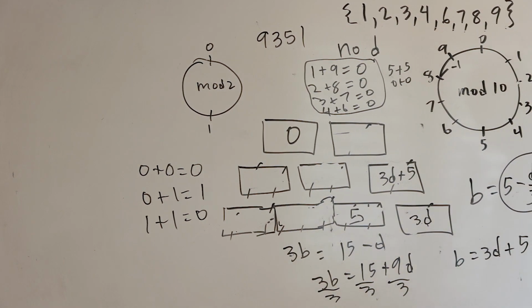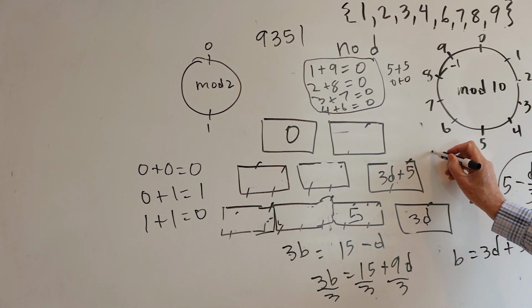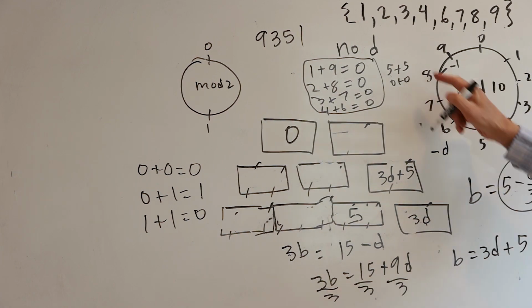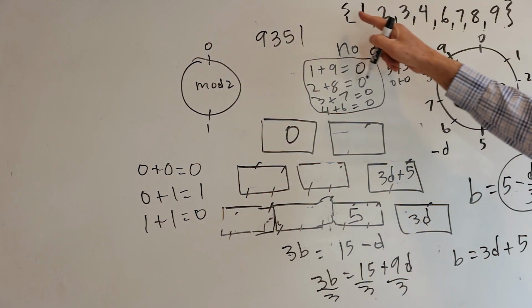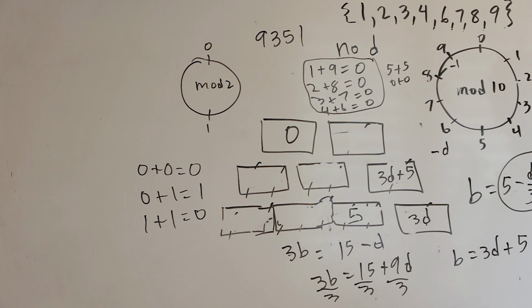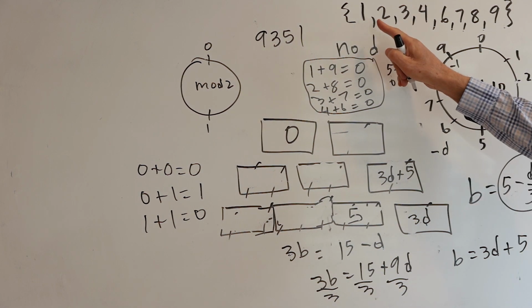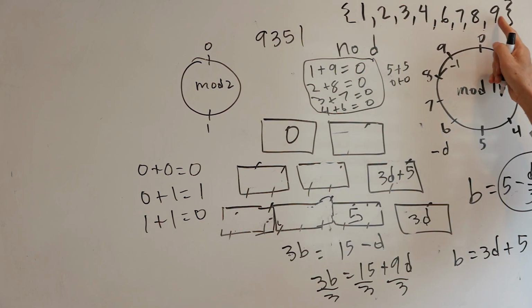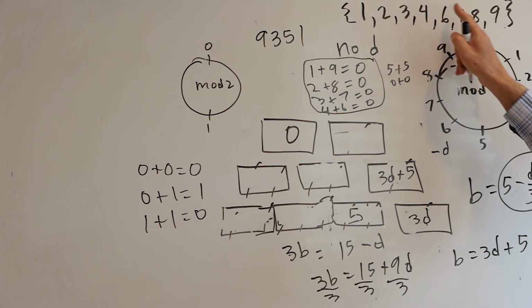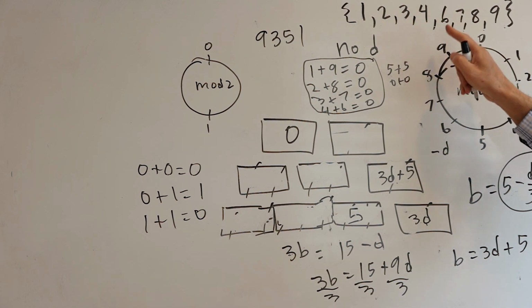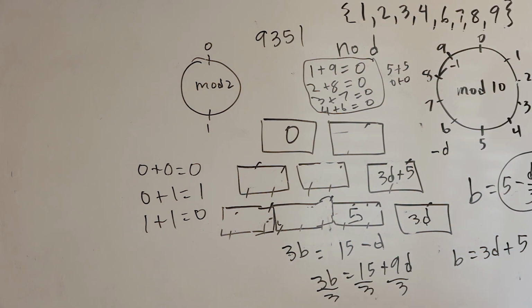Now, there's going to be a negative d somewhere because all these numbers here are part of a partner pair. So 1 would be paired with 9, 2 with 8, 3 with 7, and 4 with 6. So whatever d is, negative d is going to be on here somewhere.